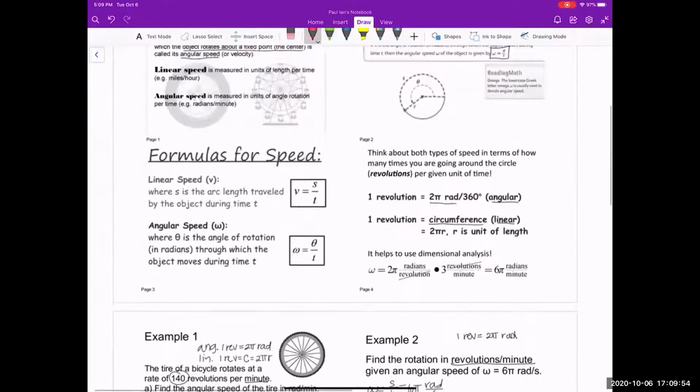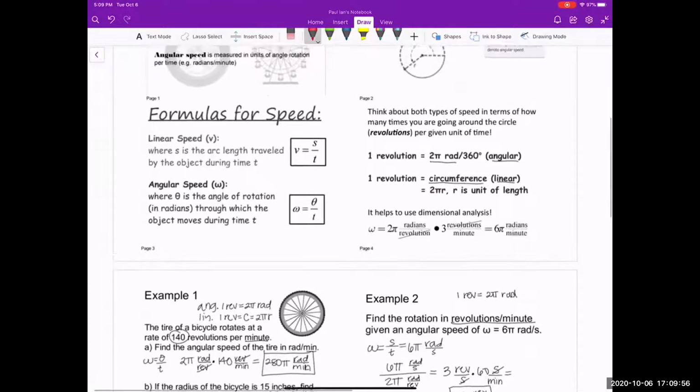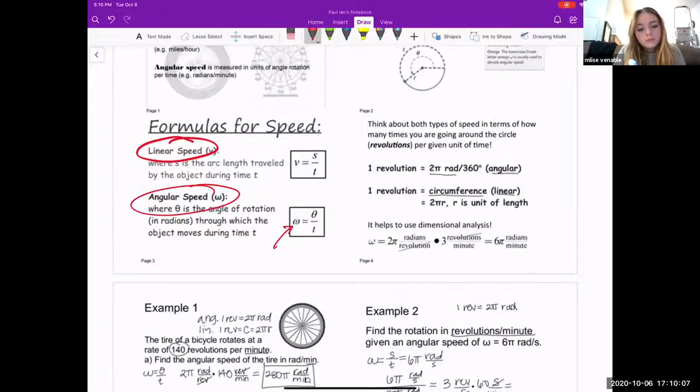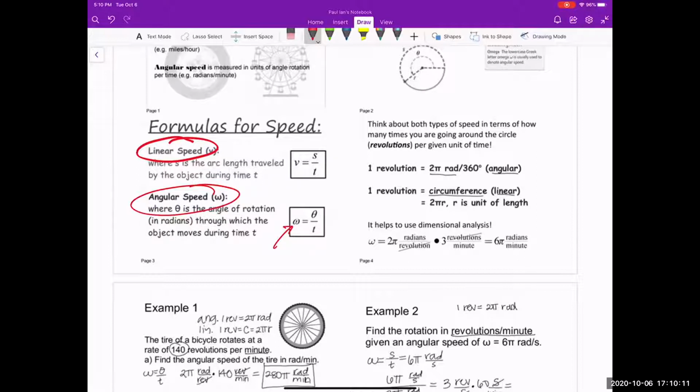So if you take a look at what linear speed is, that's usually v, and then angular speed is usually this Greek letter, omega. So the equation, very important again, you have to remember the equation as it looks. For speed, if you think about it, there's a unit with speed, like miles per hour.